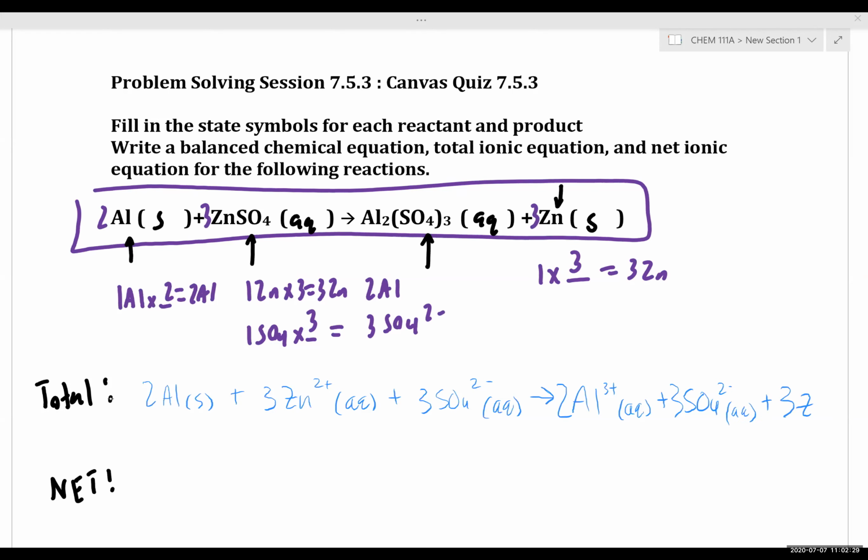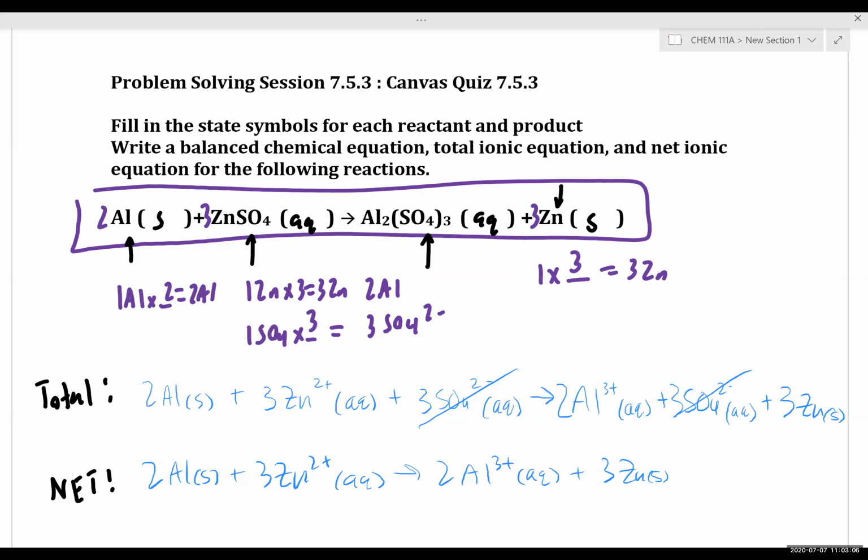Yep, and the total ionic equation that I see drawn looks perfect. Let's try to get a proposed net ionic. In fact, the student who's drawing is already writing out the net ionic equation. This is quite good. Yep, and that net ionic equation looks perfect.